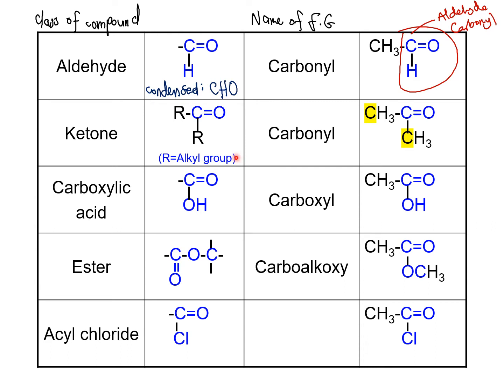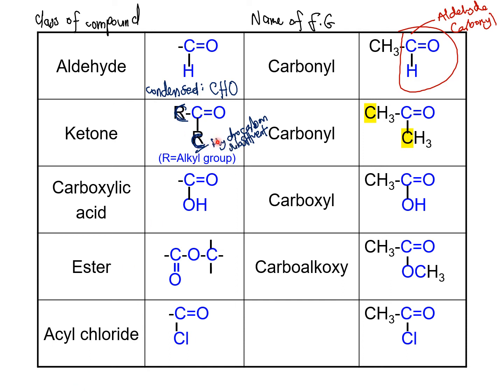Alkyl group kita dah sentuh dekat 4.1. Alkyl group ni ialah bila hydrocarbon jadi substituent. Ada banyak kan hari tu kita belajar bila hydrocarbon jadi substituent. Dia boleh jadi methyl, ethyl, isopropyl and so on. Tapi pokok pangkalnya this bond adalah carbon dengan carbon atom.